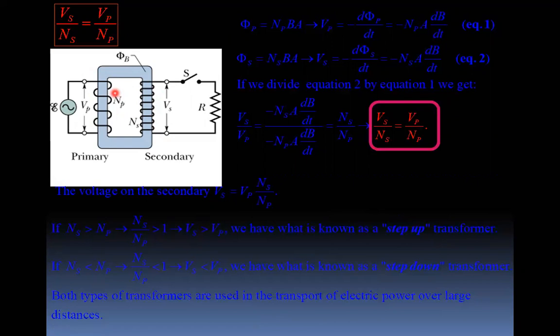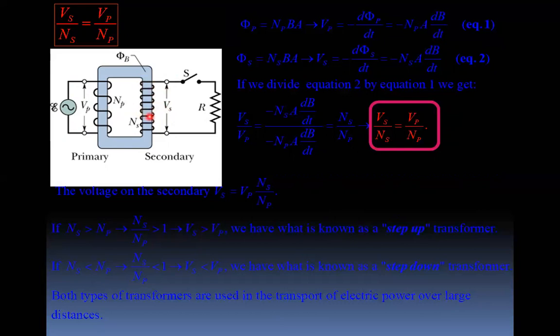Like in the case of an apartment or an industry, if you want to step up from 220 volts to 2220 volts, 10 times, then the number of turns in the secondary should be much higher than the number of turns in the primary. Similarly, if you charge a mobile, which requires 5 volts DC, the input of 220 volts has to be made into a 5 volt output.